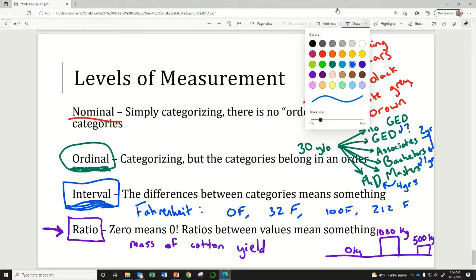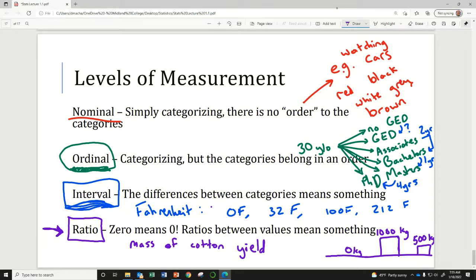I also want to point out that the interval level of measurement specifically has the property where 0 doesn't really mean 0. On the Fahrenheit scale, I invite you to think about this for a moment. 0 degrees Fahrenheit does not mean that you don't have a temperature, right? You can go into the negative Fahrenheits, like -5 degrees Fahrenheit.